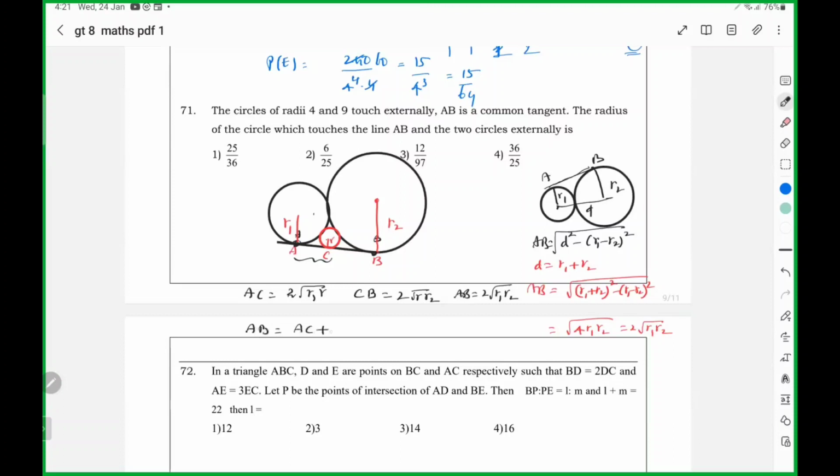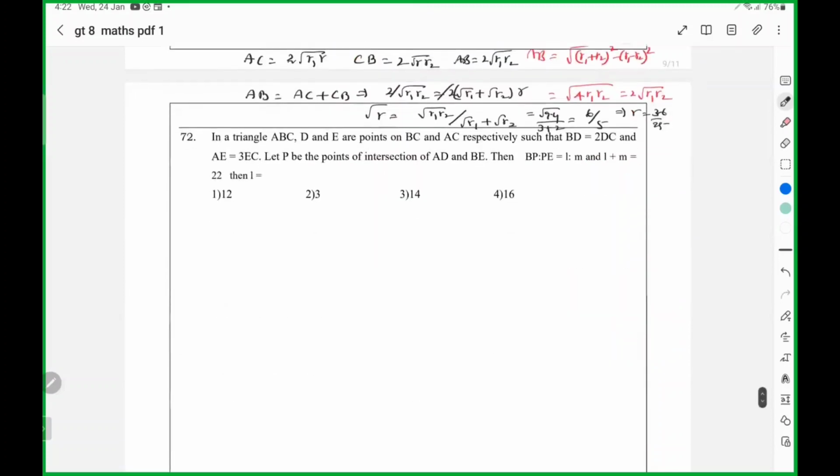AB is AC plus CB. 2 root R1 R2 is 2 root R1 plus root R2 times root R. Root R here is root 9 into 4 by root 9 plus root 4. That is 6 by 5. It is root R, so R will be 36 by 25.